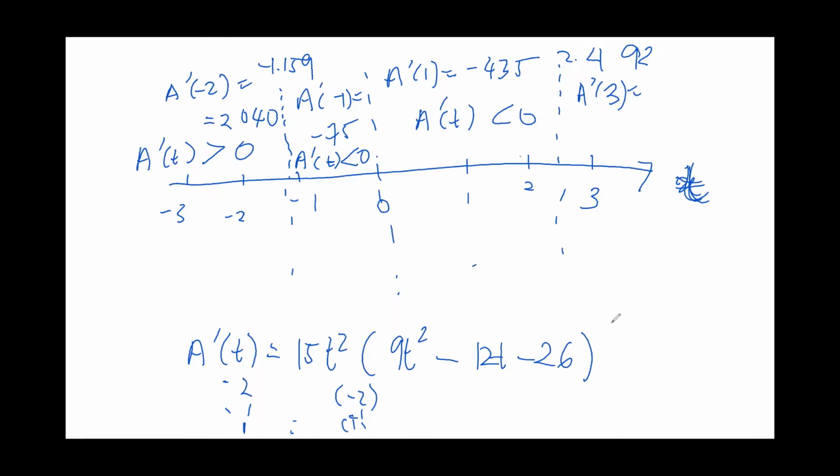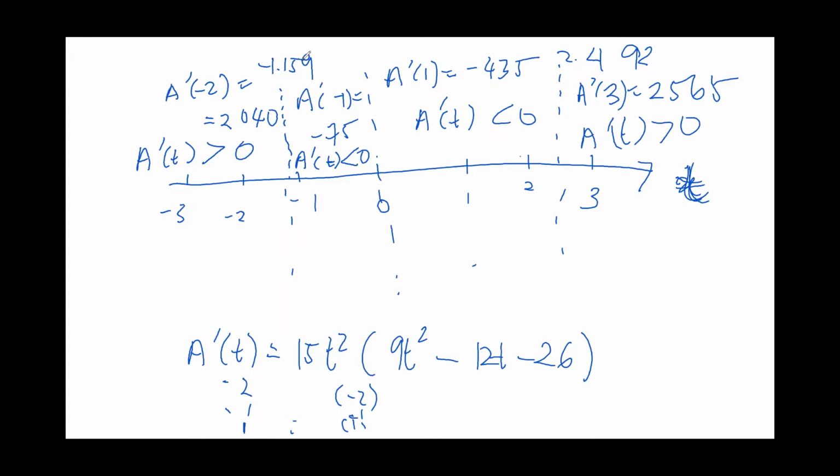Okay. From here you can see, if you put any value in this region, the function is increasing. Whereas if you put any value from 0 to negative 1.159, the function is decreasing.